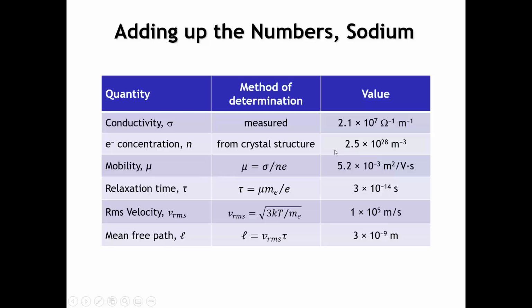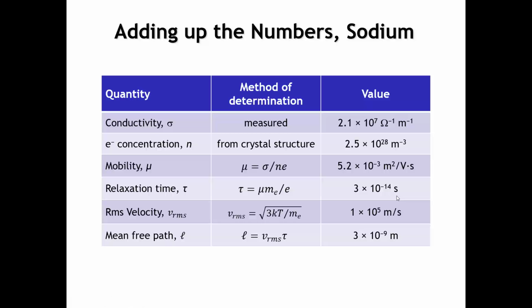Now, knowing these two quantities, we can calculate the mobility, which we do here, 5 times 10 to the minus 3. Knowing the mobility, we can calculate the relaxation time from the mass and the charge of an electron, which I do here, 3 times 10 to the minus 14.